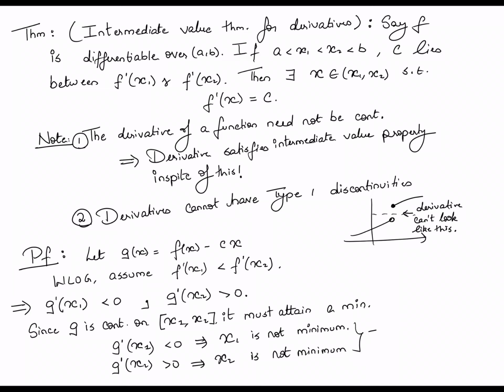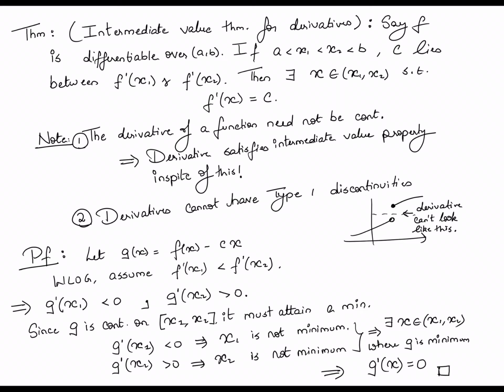Right? Patching these together, you know that there exists some x between x1 and x2 where g is minimum. And this implies that at this particular point x, you must have g prime x equal to 0.